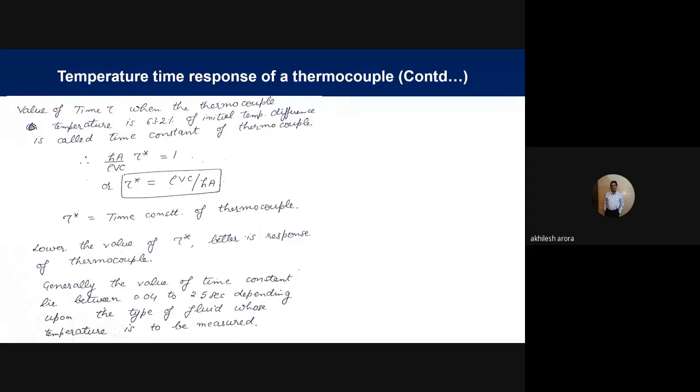So the value of time tau when the thermocouple temperature is 63.2% of the initial temperature difference is called the time constant of the thermocouple. And as I have already told you, (T minus T infinity) divided by (Ti minus T infinity), this value is 0.632, or I can say it is 63.2%.